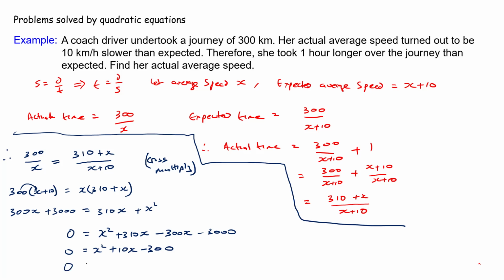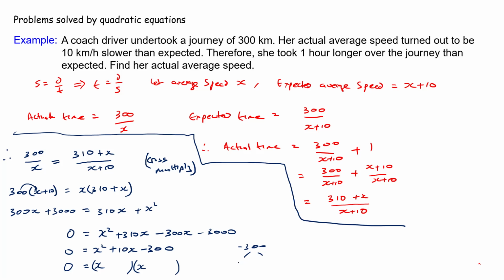So now I need to factorize that to solve. Nice, it's just an x for me here, which makes it a lot easier. And now minus 3000, I need to look for the factors of minus 3000. Right, let's see.